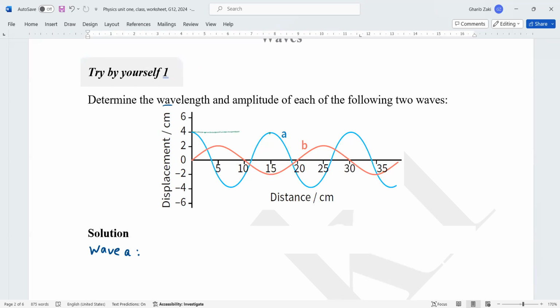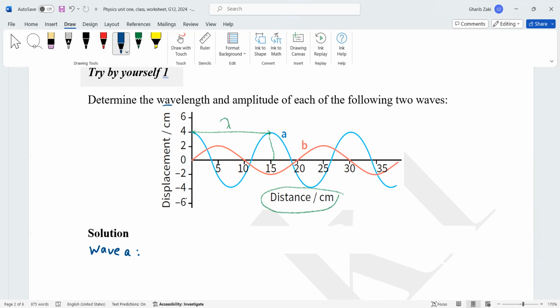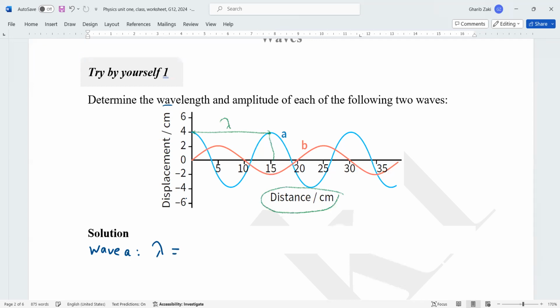The distance between the two crests on the wave A is called the wavelength. It is 15 what? Centimeter. Then lambda, the wavelength of A, denoted by lambda. So lambda for the wave A is 15 centimeter.